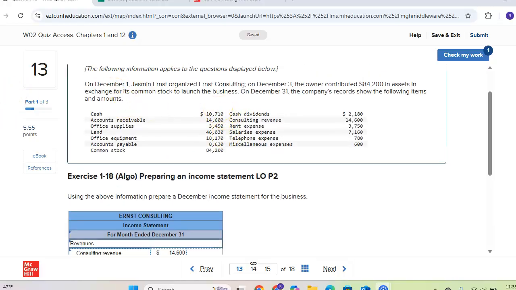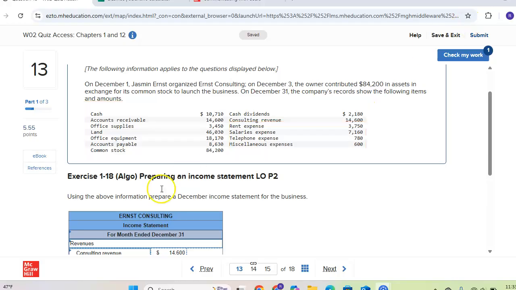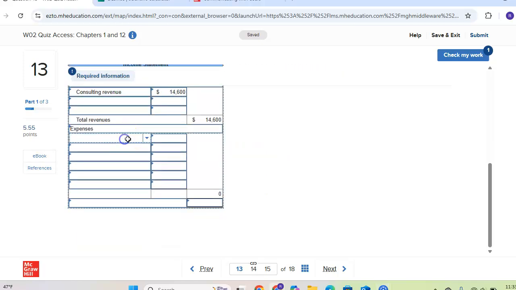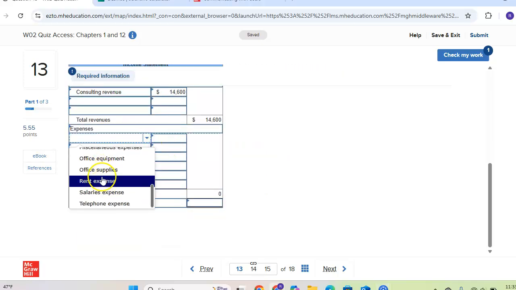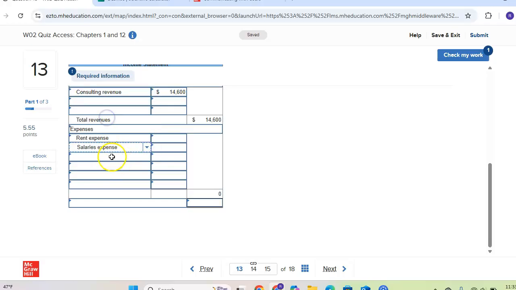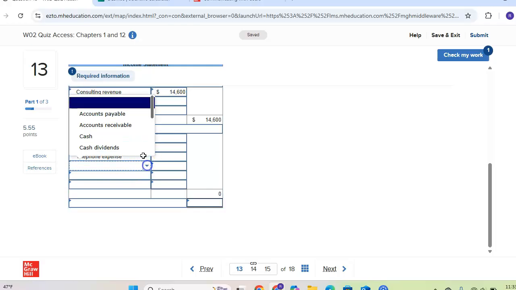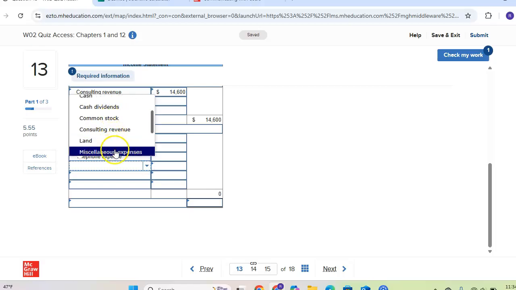So go back up and look in this box for any expenses, which would be these last four items down here: rent expense, salaries expense, telephone expense, and miscellaneous expense, for various dollar amounts. So we take each of those and put them into the boxes, starting with rent expense, then salaries expense, then telephone expense, and miscellaneous expenses.